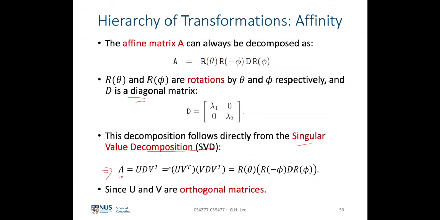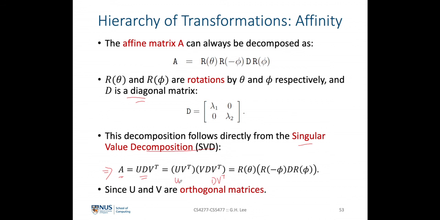And we can see that from this factorization, since U and V are orthogonal matrices, what it means is that we can simply take U and D and V transpose apart. So we can write U here and then D and V transpose over here.